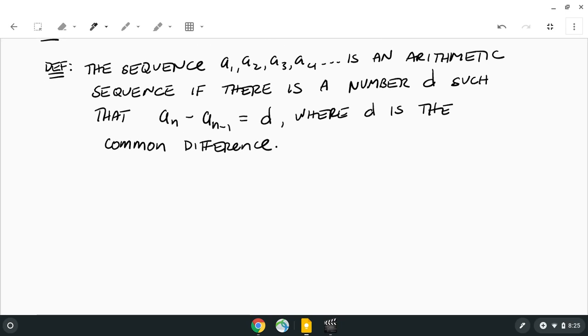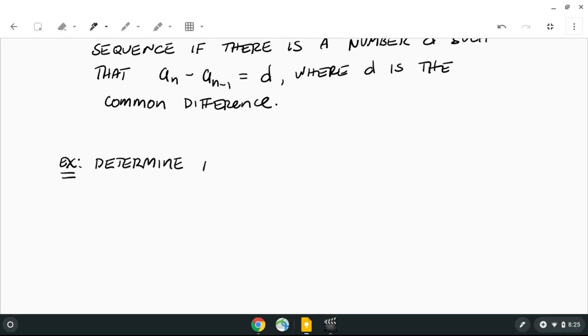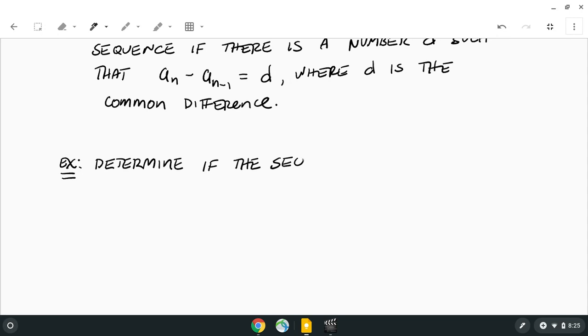So let's take a look at some sequences and see if you can determine which ones are arithmetic. Determine if the sequence is arithmetic.